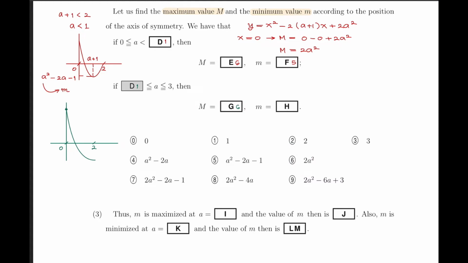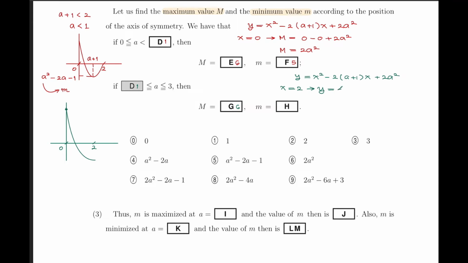So this is 6. And then the minimum value will be obtained when x equals 2. This is the lowest part of the curve when x equals 2. When x equals 2, I will get the value of y, which is, just substitute x with 2.